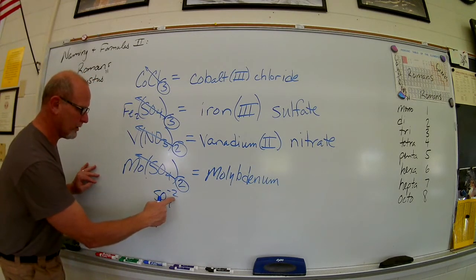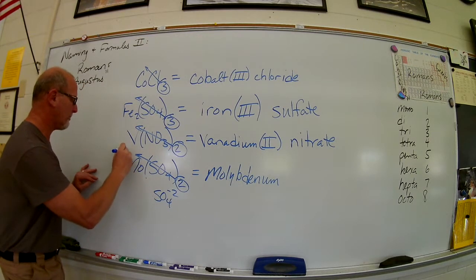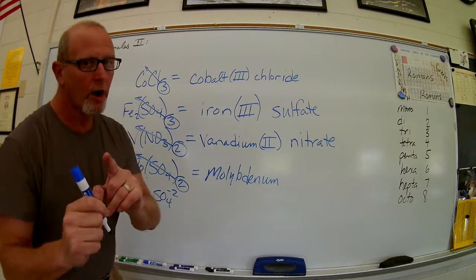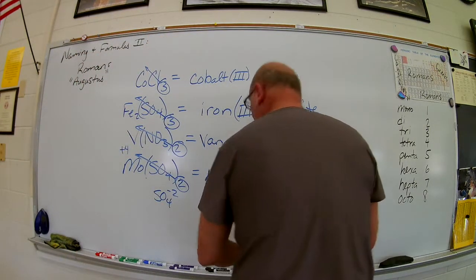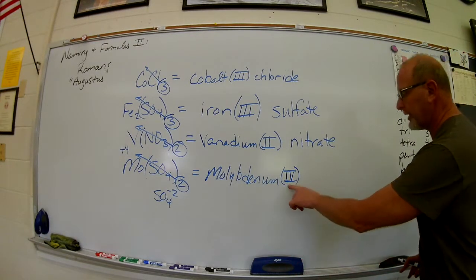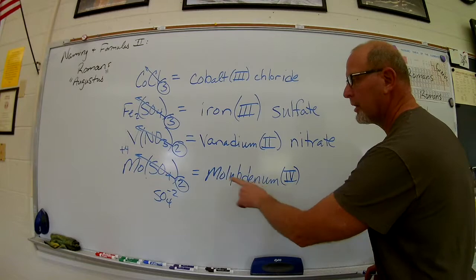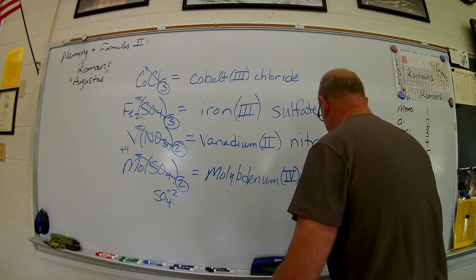There are 2 minus 2s, so that molybdenum has to be plus 4. Watch your charges. These compounds have to be neutral, always. So I need molybdenum 4, and I follow that up with what I've got, which is a sulfate.